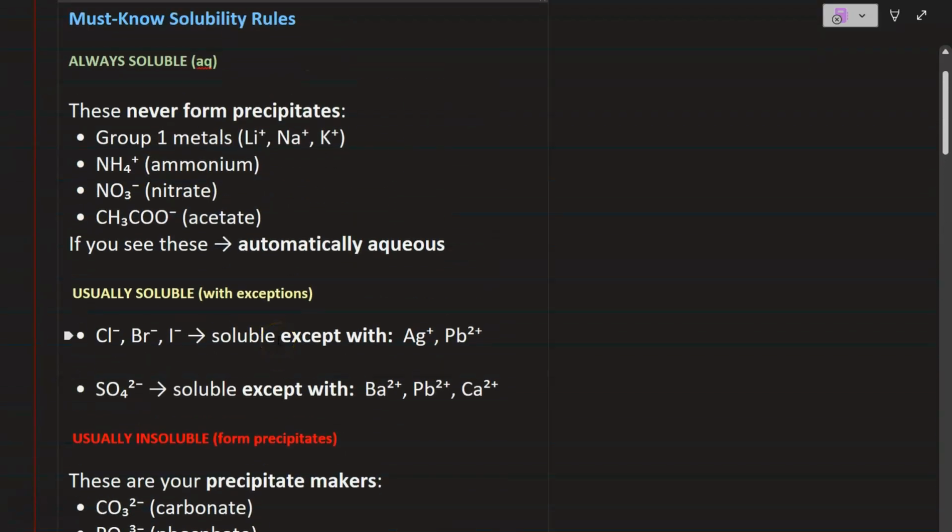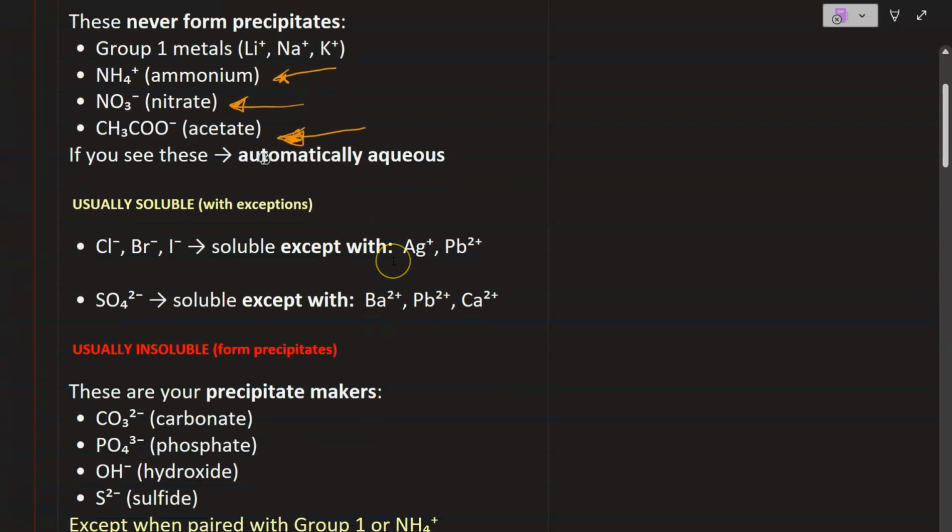So let's go back up. Here we go. This is NO3. All the NO3s and all the ammonium and all of the acetates do not form any precipitates. They do not form any type of a solid. So they're automatically aqueous. But look at the AgCl. Here it is, it's usually soluble with exceptions. You got a chlorine ion, and then you got the silver right there.